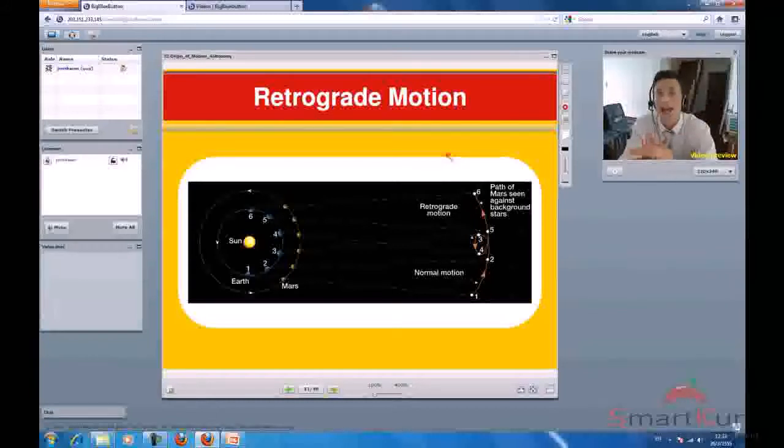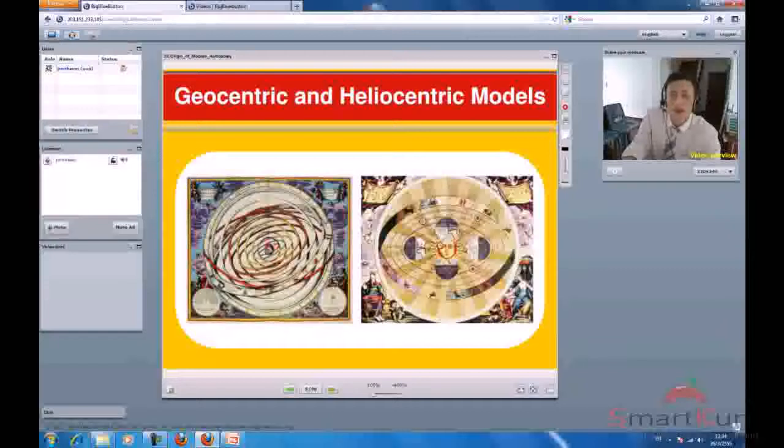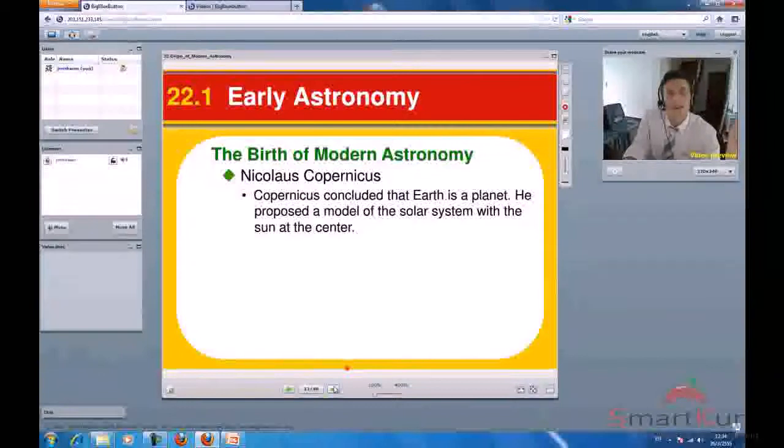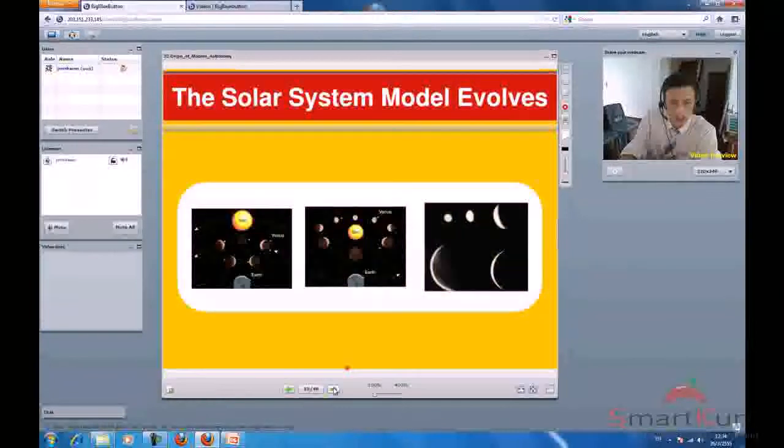If you go to YouTube and do a search for a video on retrograde motion, you'll find great resources showing you how Mars moves across the sky from day to day and from month to month. But the point is that retrograde motion makes no sense if the Earth is at the center of the solar system. If the Earth is at the center, there's no reason for there to be retrograde motion.